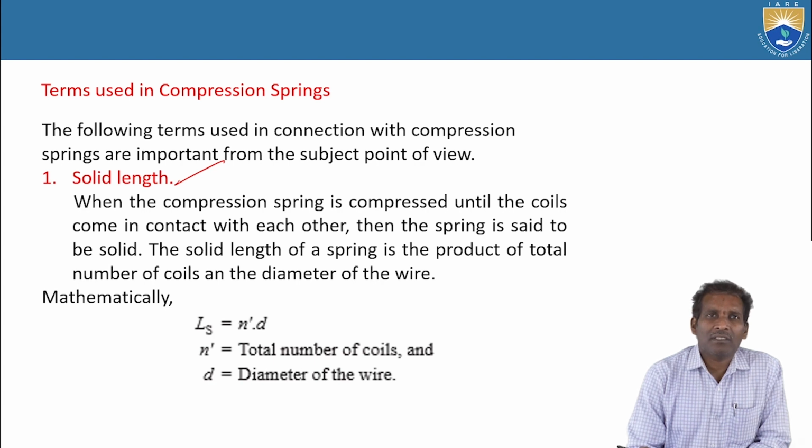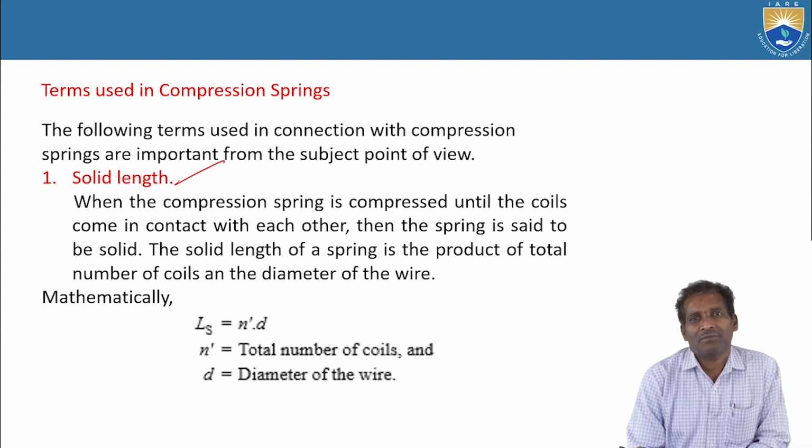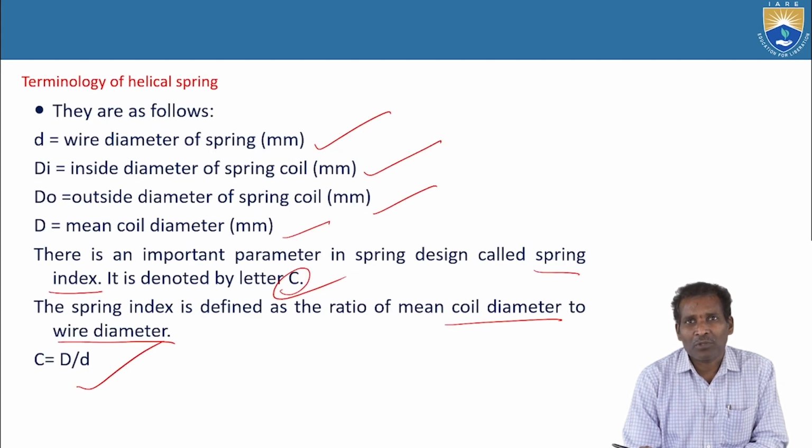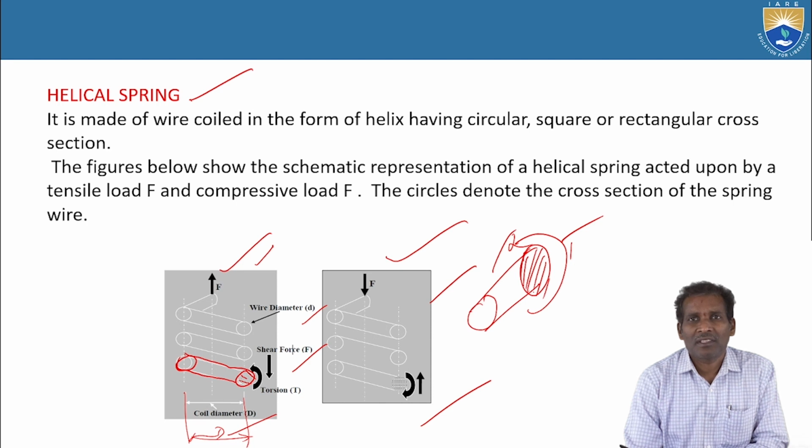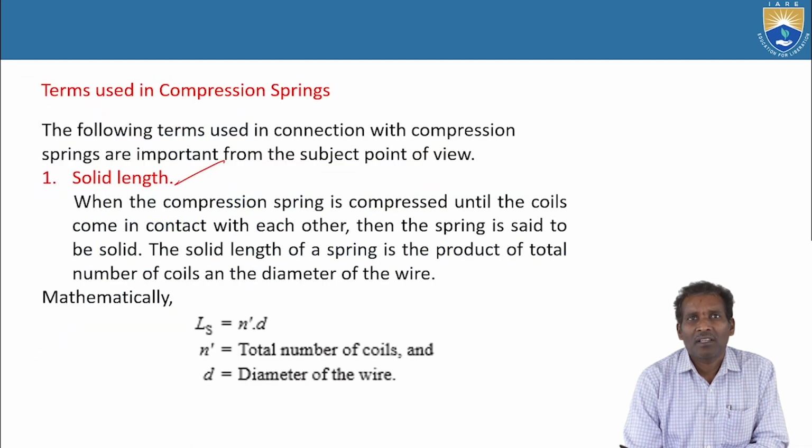Solid length means when the compression spring is compressed until the coils come in contact with each other, when it is subjected to compressive load, as shown in the previous figure. Then the spring is said to be solid.